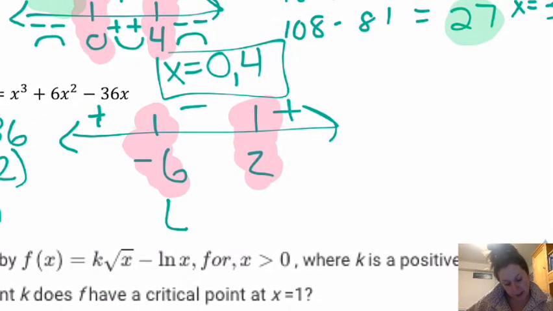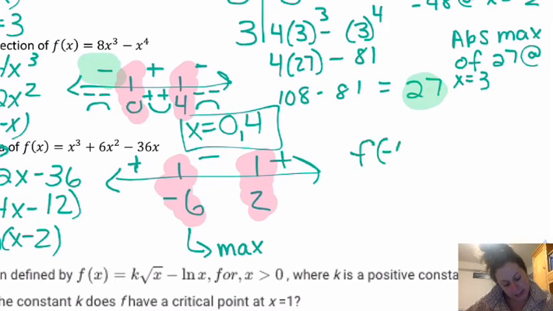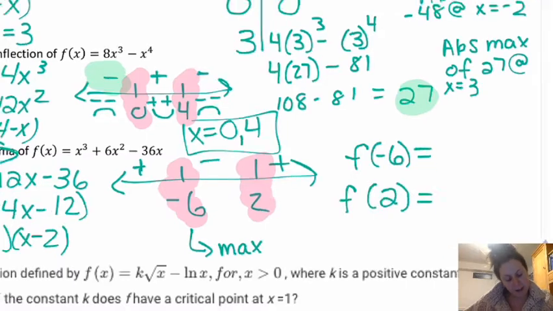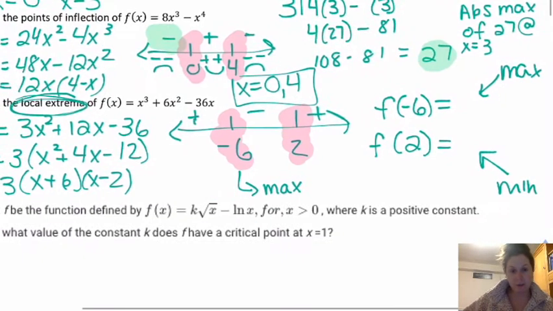So here, I know that's going to be a max, right? And so we need to figure out what that value is. So I'm going to plug -6 into f. And I'm going to plug 2 into f. And remember, this one will be my max value. This one will be my min value. And your answer should be those y values.